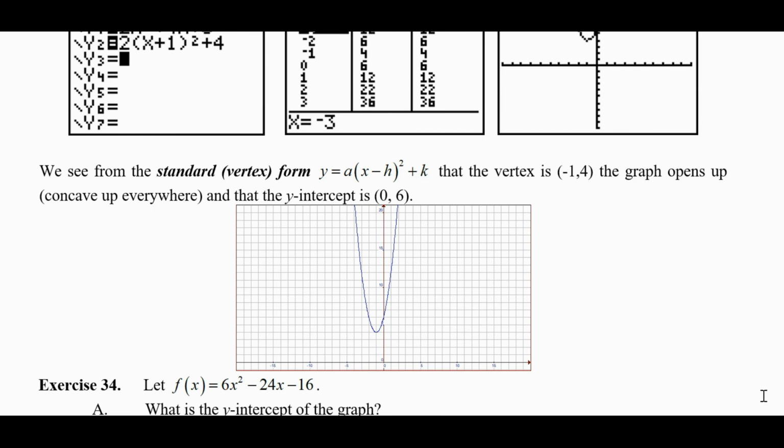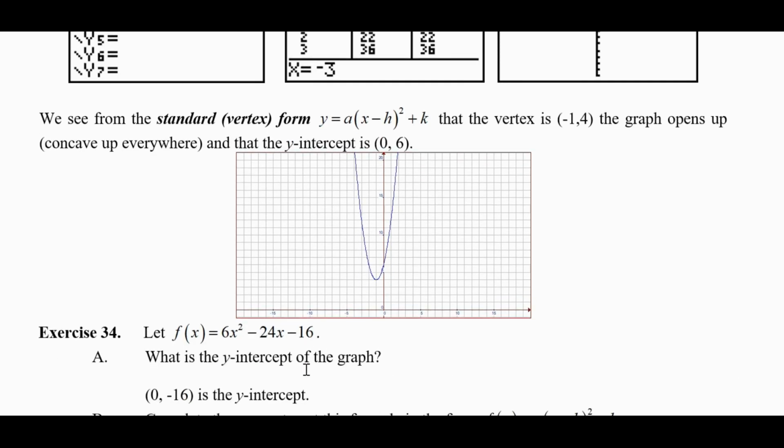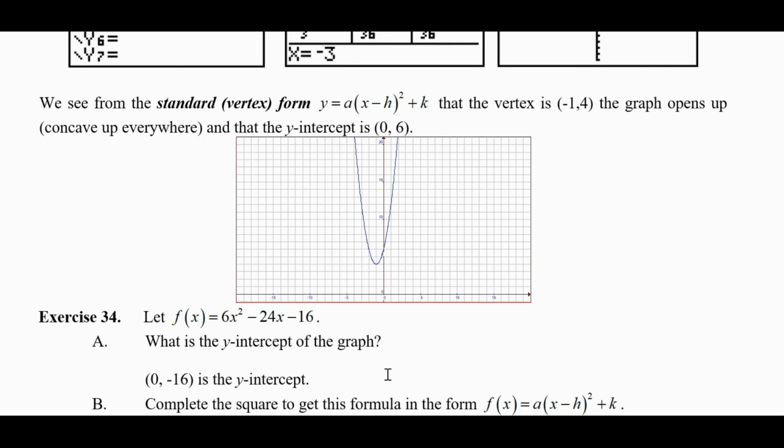The y-intercept is a point with x-coordinate 0, so it's (0, something), and that something is just the constant term, negative 16. Complete the square to get it in the form f of x equals a times x minus h squared plus k. You might want to pause the video to work that out yourself and then come back.